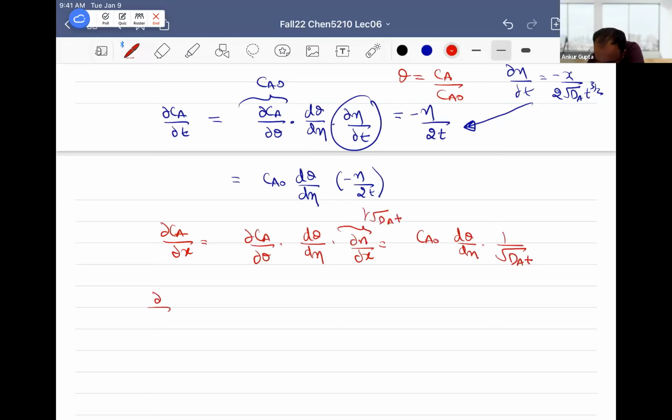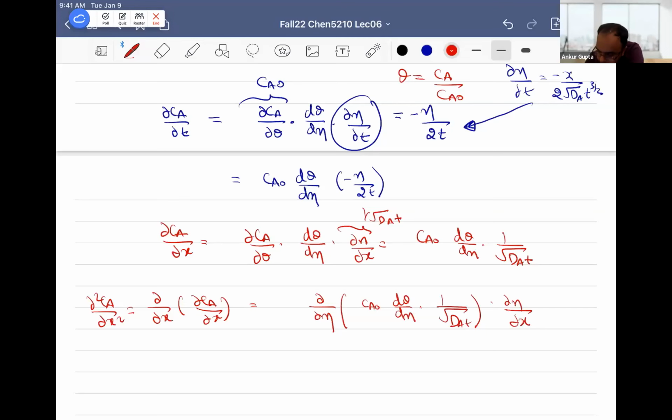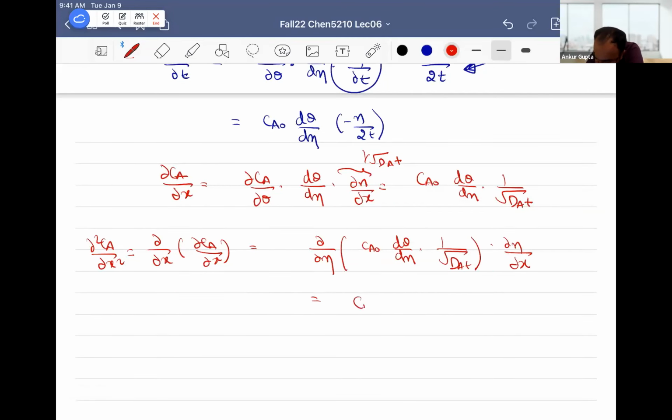Then del by del x of del CA by del x is actually equal to del square CA by del x square, which is equal to del by del eta of CA naught d theta by d eta times 1 by square root of Dt, times del eta by del x.